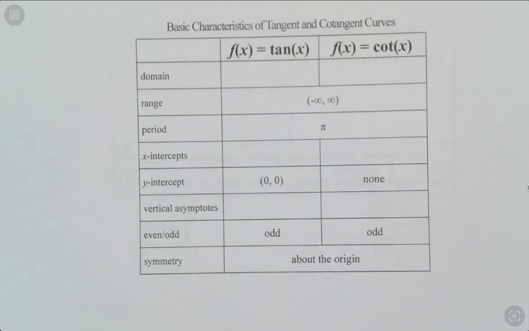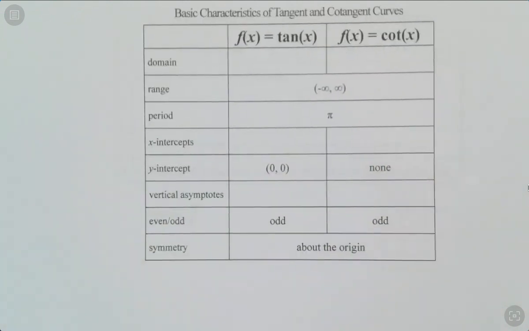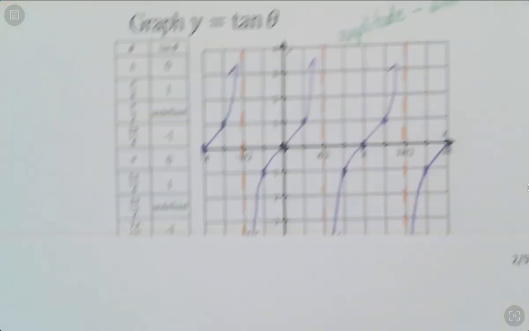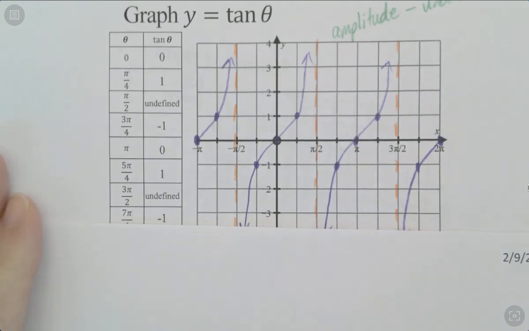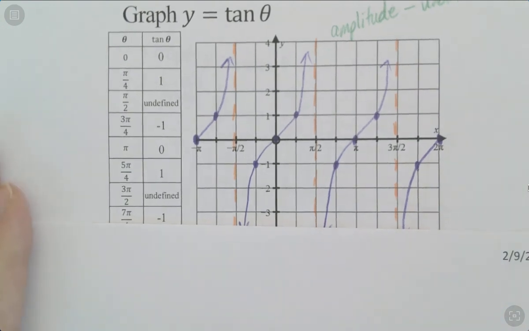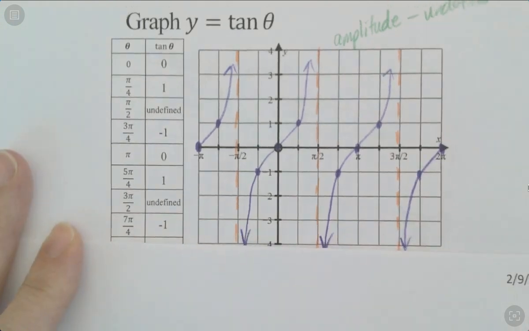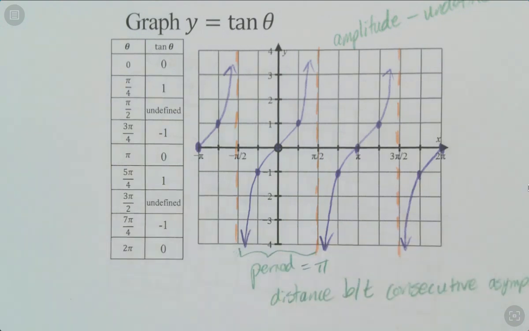Let's just start with the domain because it's tricky. So we're looking at the tangent curve. What do we think about the domain? It's like it's repeating. It goes on forever, but only in certain increments.